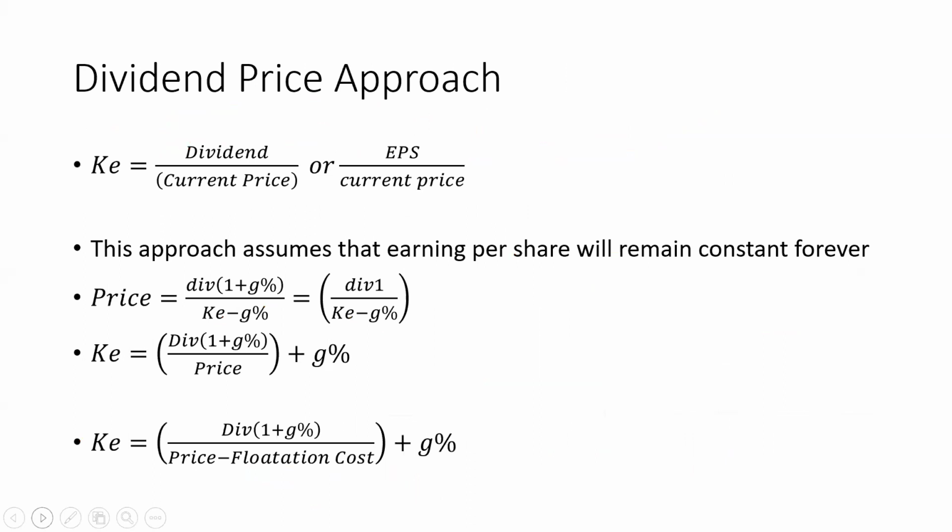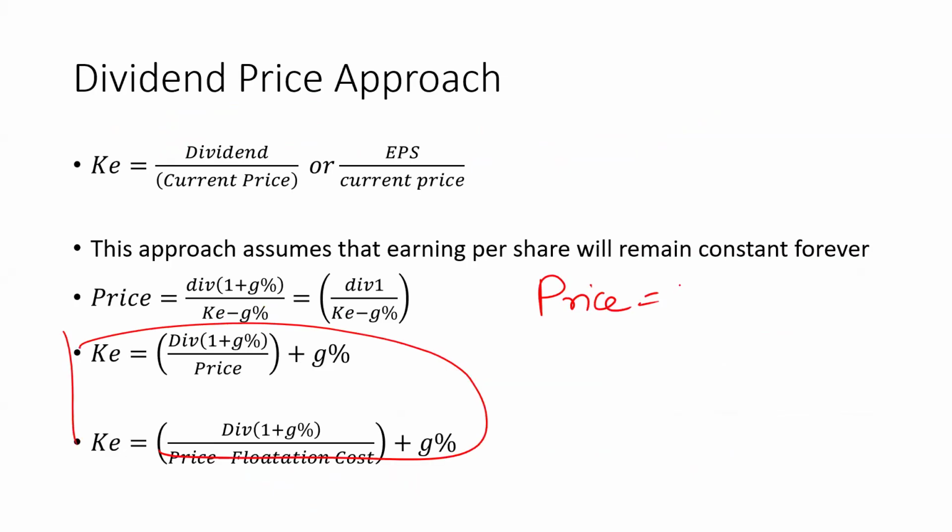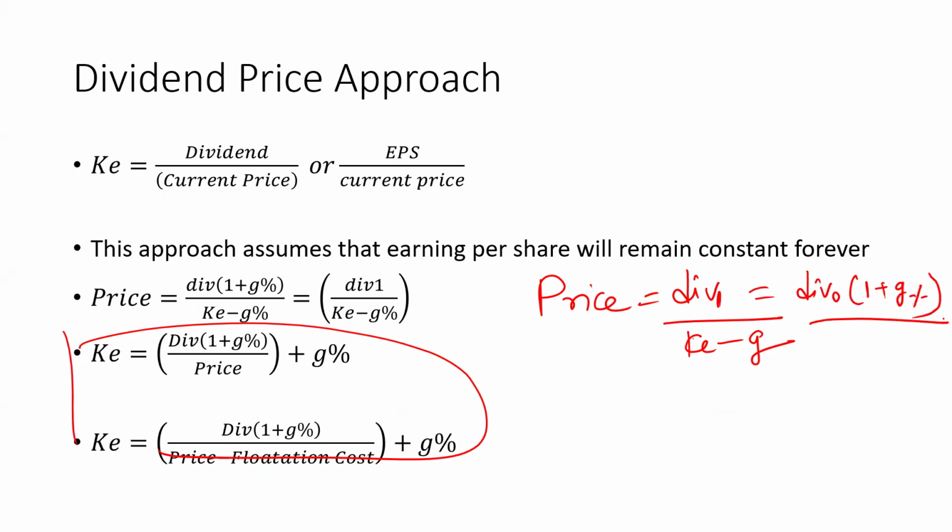This is the formula you can remember. This is the formula for the Gordon model. We use the formula that the price of the share is equal to DIV1 divided by KE minus G. DIV1 is DIV0 times (1 plus growth percent), divided by KE minus G. DIV0 is the dividend for the present year, and the dividend for the next year would be DIV1.